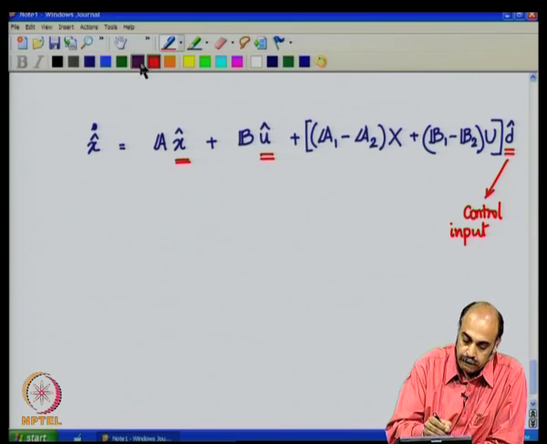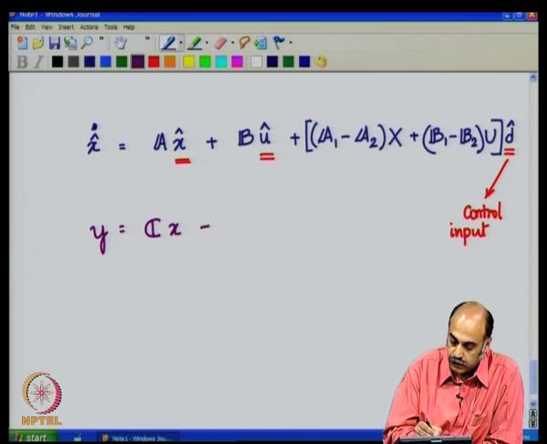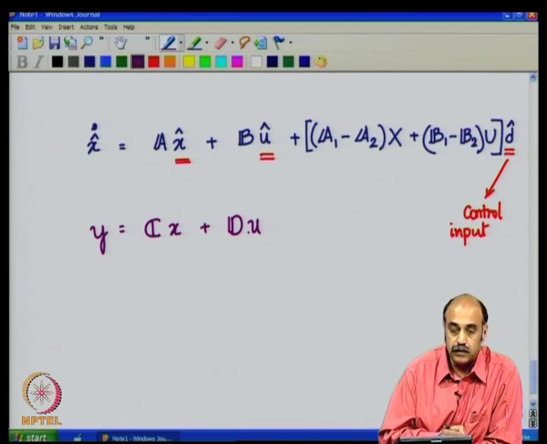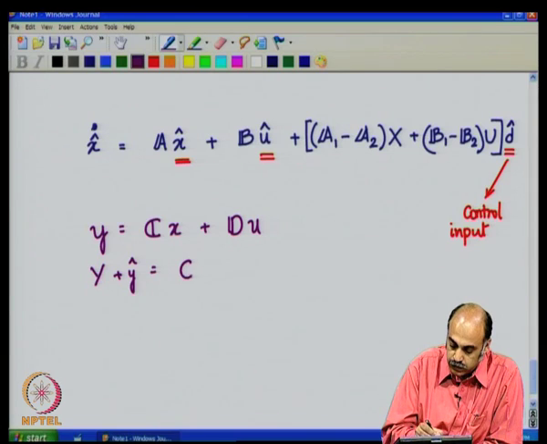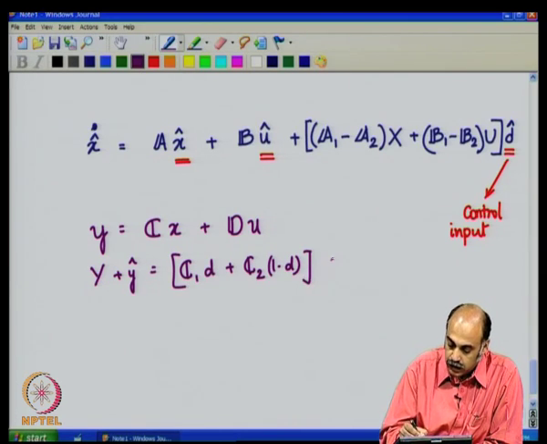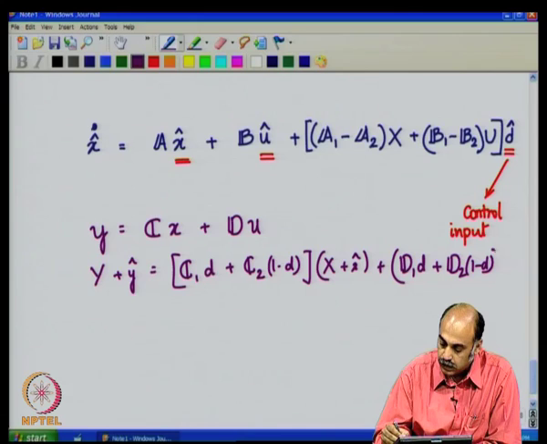Likewise, we could in a similar manner take the output equation, replace it with y plus y hat, which is equal to C1 d plus C2 1 minus d, times x plus x hat, plus D1 d plus D2 1 minus d, times u plus u hat.